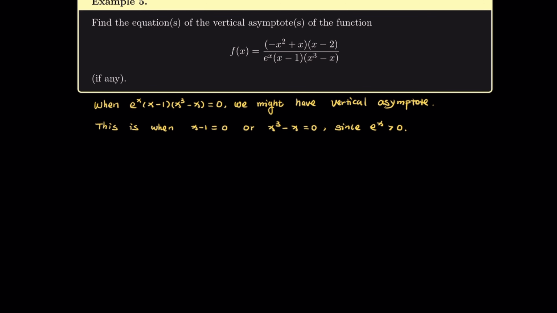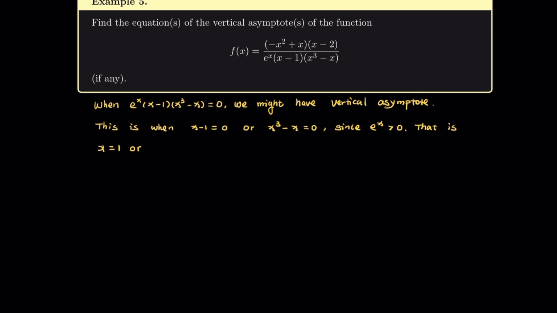Now let's solve those two equations. The first one will give us x equals 1. And the second equation, you can factor out x. You would get x times x squared minus 1 equals 0.